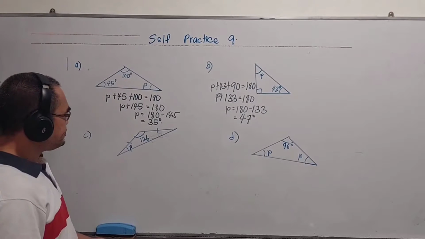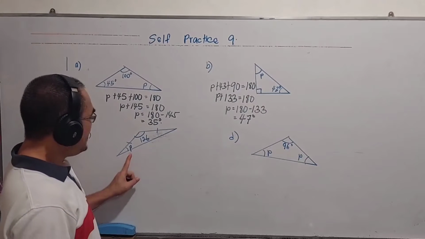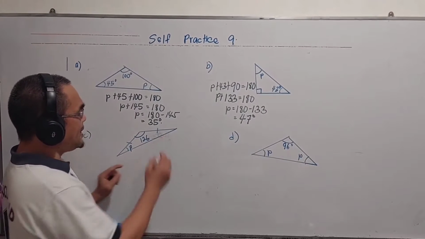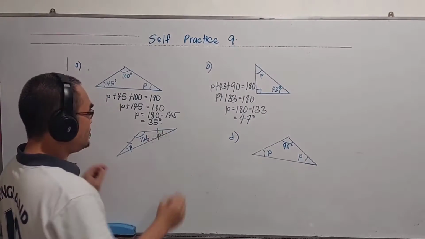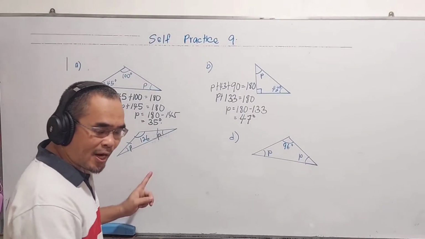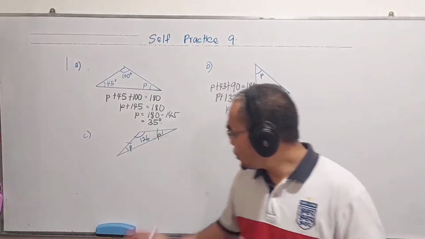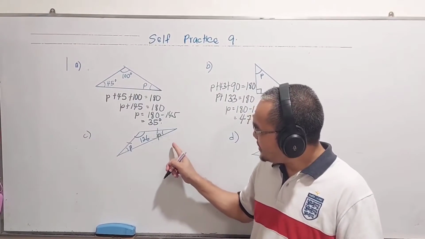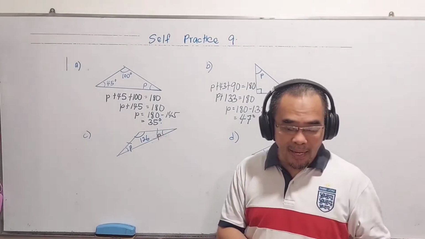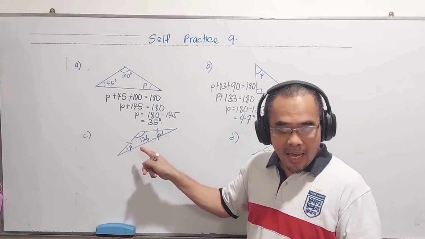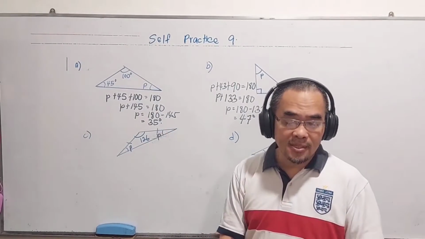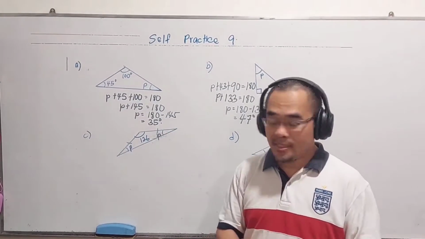For this one, it's labeled P here. It's not labeled the angle here, but it is P also. If we have an isosceles triangle where two sides of this triangle have equal length, these two angles are the same.